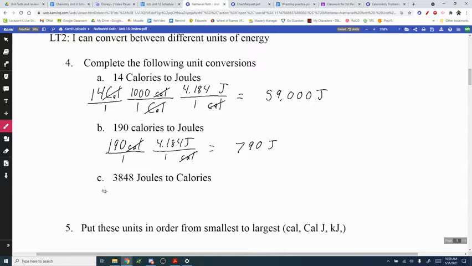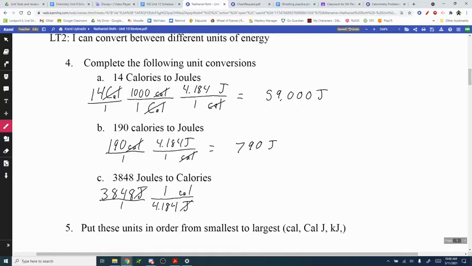Last one, joules to calories. So we write our given, 3848 joules over 1. We do our conversion factor, joules on bottom, little calories on top. There's 1 little calorie per 4.184 joules.